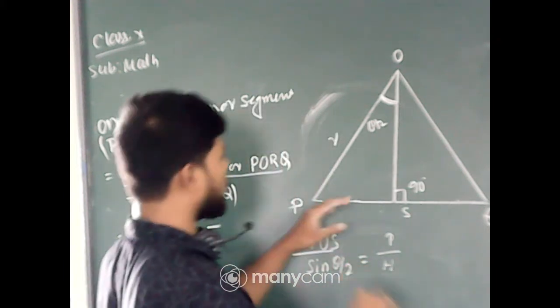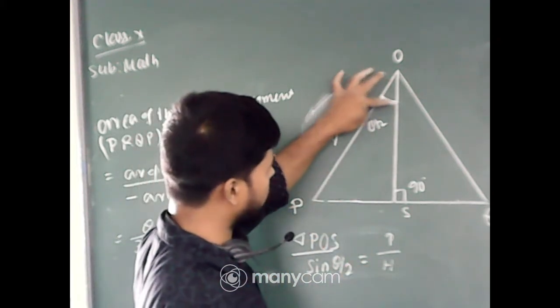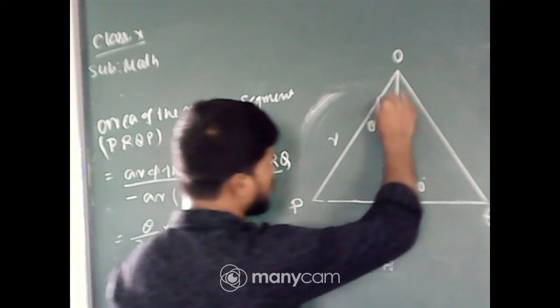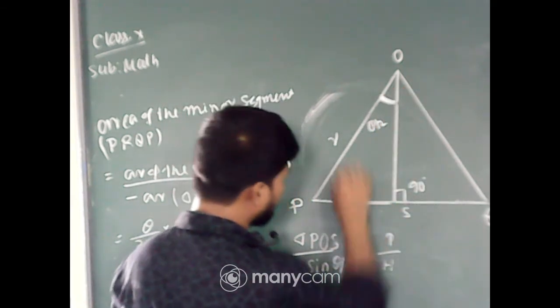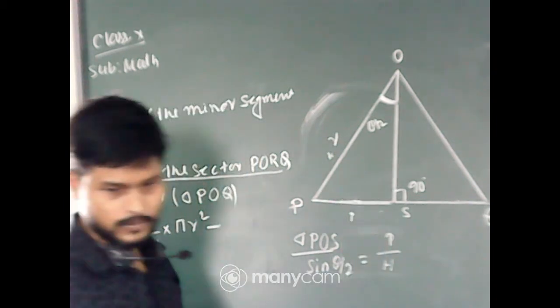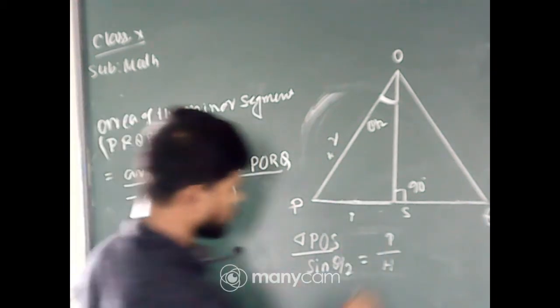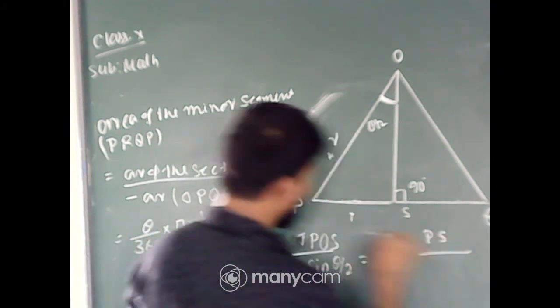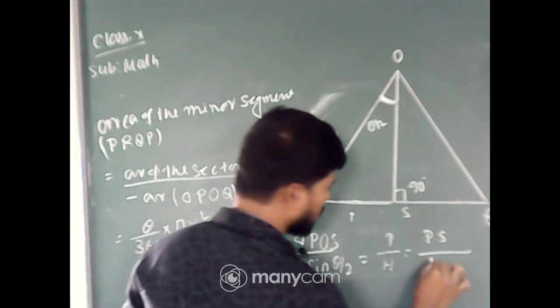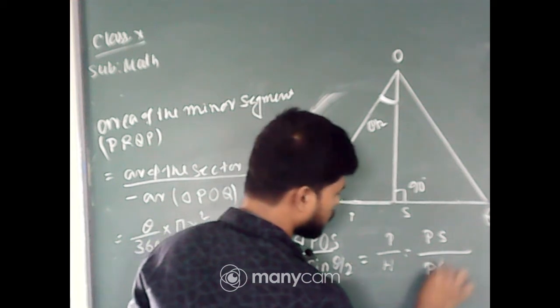So what is the perpendicular when we consider this is the angle? This side will be the perpendicular, and that was the hypotenuse. So perpendicular means PS and hypotenuse means PO.